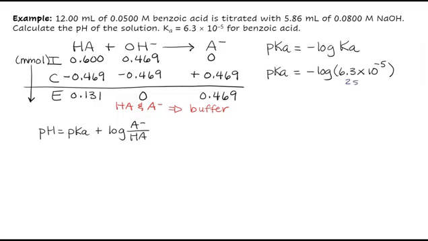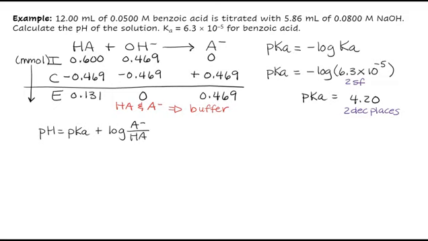We have 2 sig figs in the Ka term, which is going to give us 2 decimal places after we take the negative log. So taking the negative log of 6.3 times 10 to the negative 5, we end up with pKa equals 4.20.